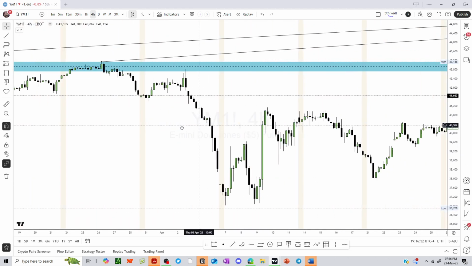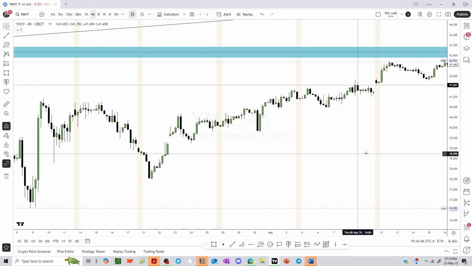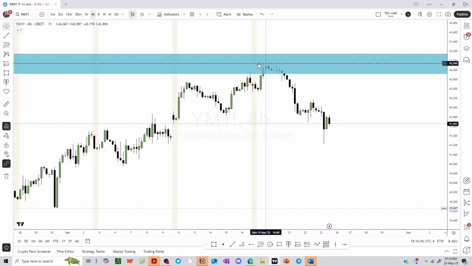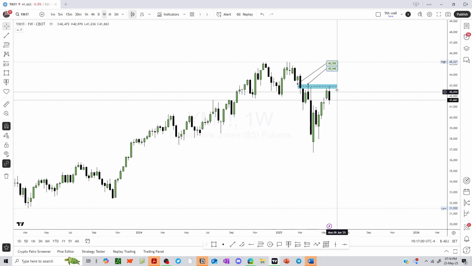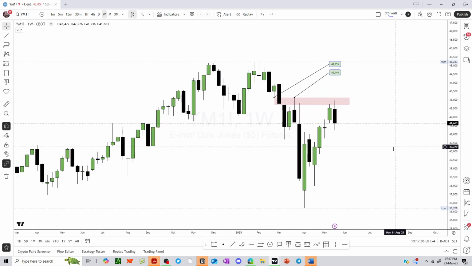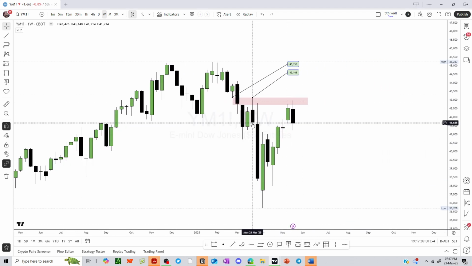It retraced back into it, fell, traded back into consequent encroachment, and fell again. But that's not necessarily for trading purposes at this point. We're just doing weekly observation, right?